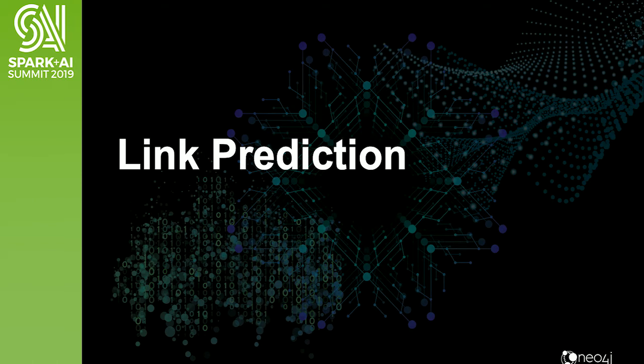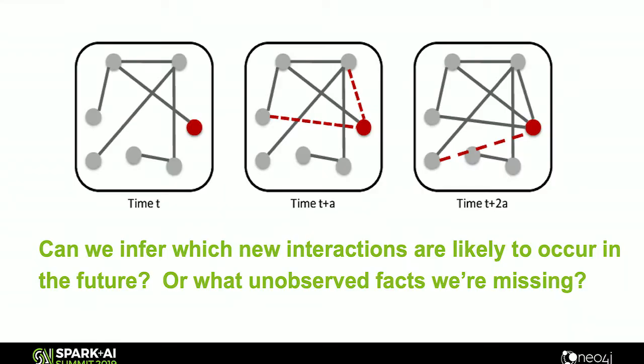In particular, link prediction. There's an entire chapter in the book I mentioned on enhancing machine learning, in particular link prediction. And that's an interesting one right now because there's a lot of interest in predicting what may be related in the future. So when you think about link prediction, it's usually about trying to infer that somebody may take an action or a relationship may form in the future, or it's about trying to find the holes in your data, unobserved facts.